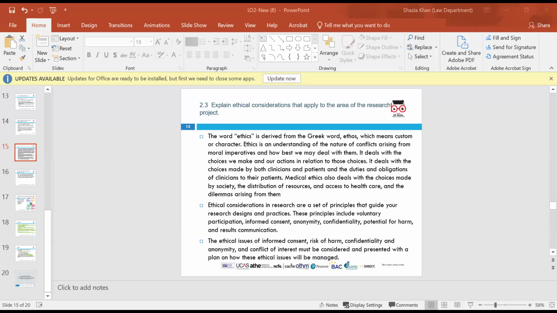You need to make sure you're showing respect for that individual, taking on board that you have informed consent from that individual, and you have confidentiality and anonymity, so that their personal information won't be given to anyone. It's so important that you do this, because ethics is a huge part of any sort of research.